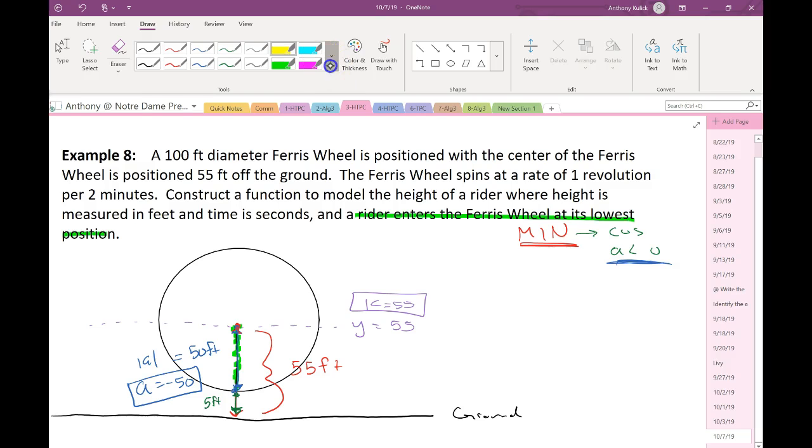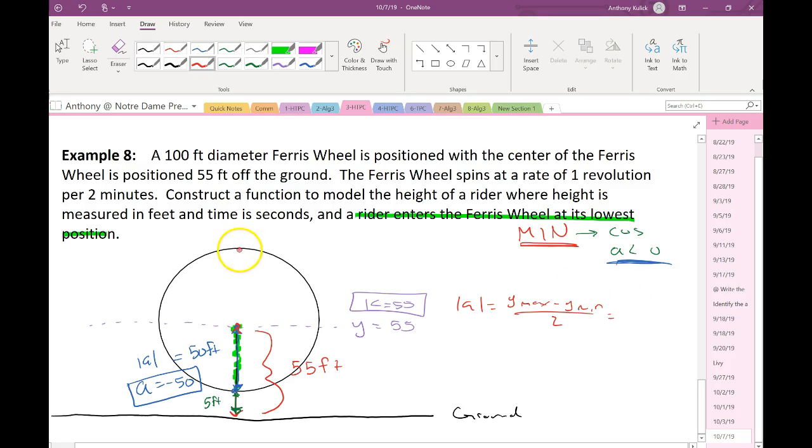Okay. Would you prefer thinking about it as A is equal to y max minus y min over 2? What's the maximum value or maximum height we can attain on this Ferris wheel? That's 105, right? And the minimum would be 5.